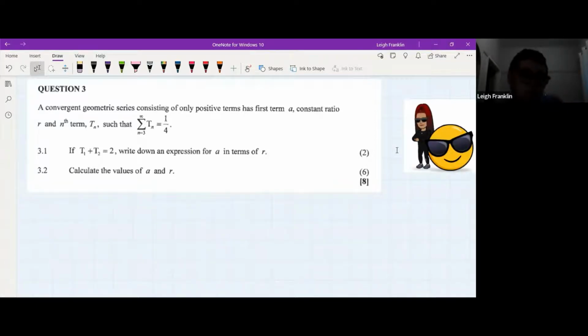A convergent geometric series consisting of only positive terms has a first term a, a constant ratio r, and an nth term tn, such that the sum to infinity, starting with subbing in that n is equal to 3, our nth term is 1/4.